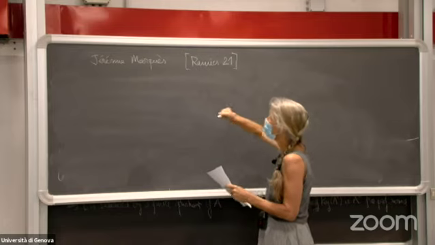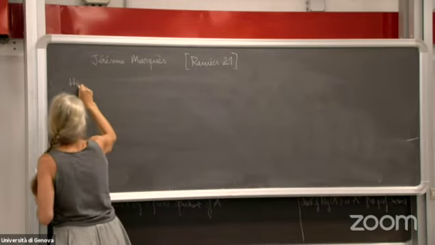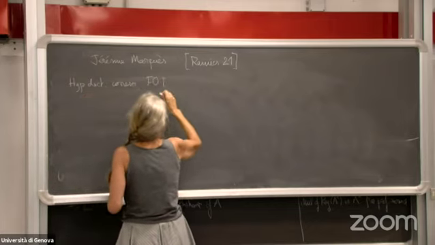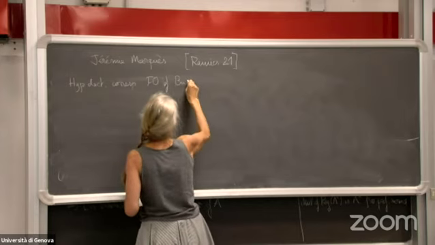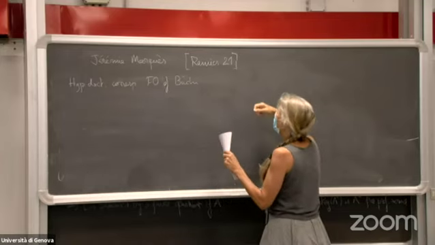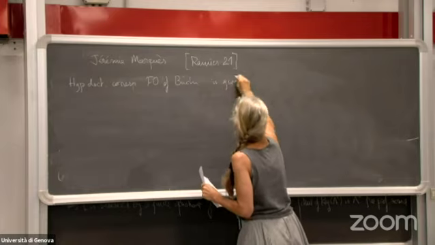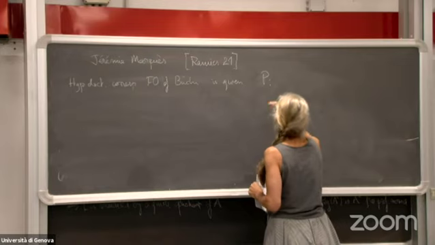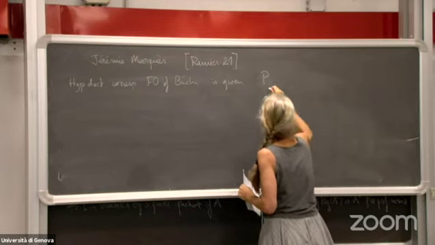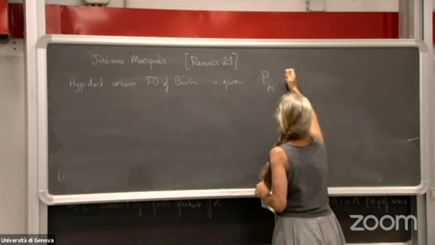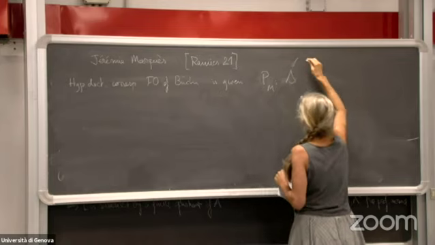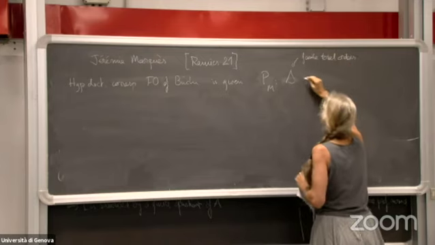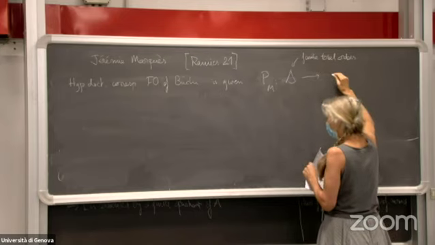The hyperdoctrine which corresponds to FO of the logic is given by a fairly trivial functor, which you should look at as going from finite total orders to Boolean spaces.